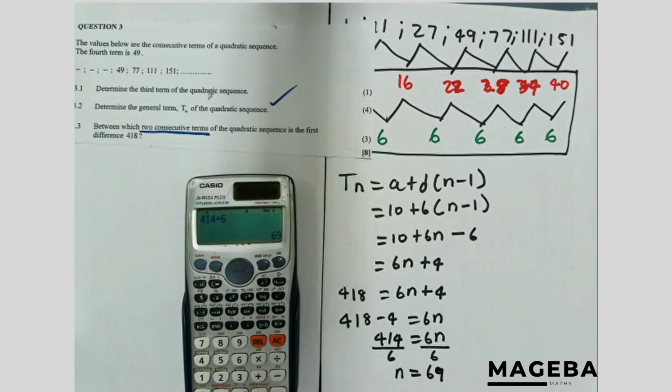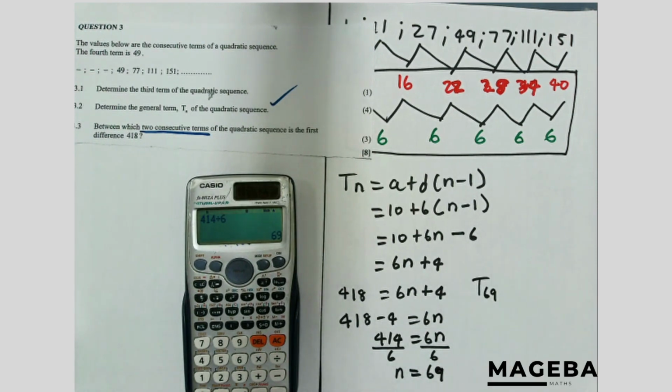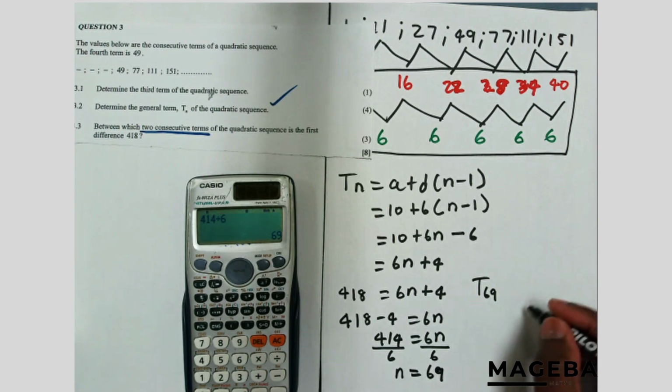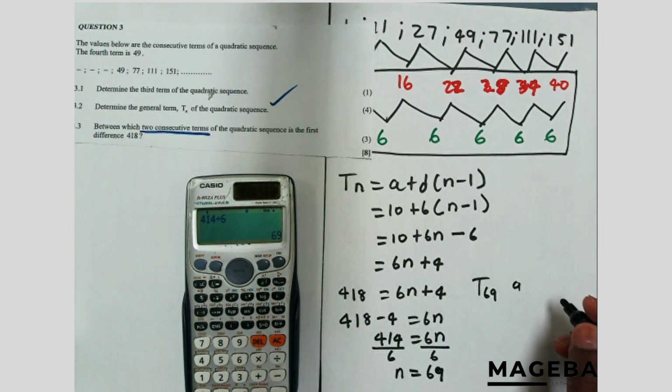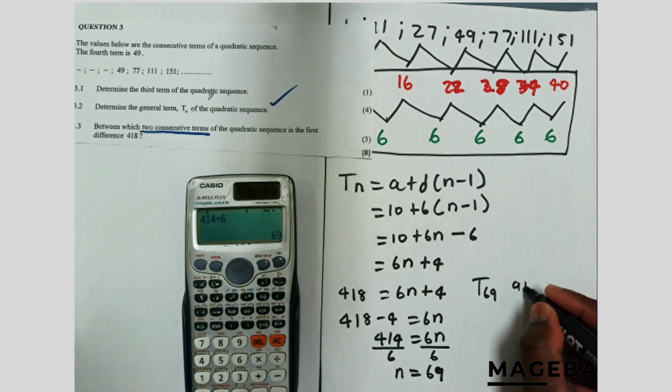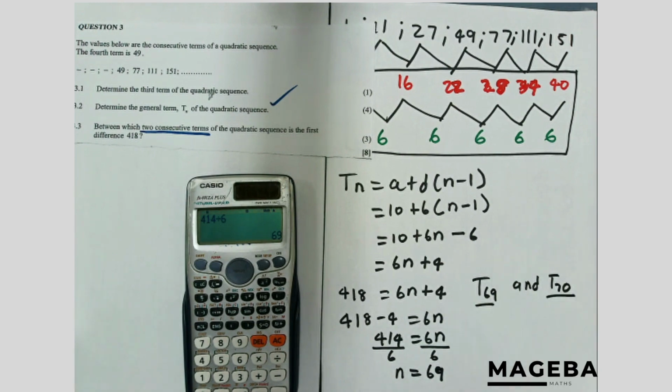So which are the two consecutive terms? We found one, T69, the first consecutive term, and the second one is the following one, T70. So T69 and T70 are the two consecutive terms we were looking for.